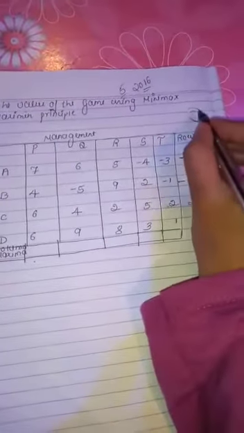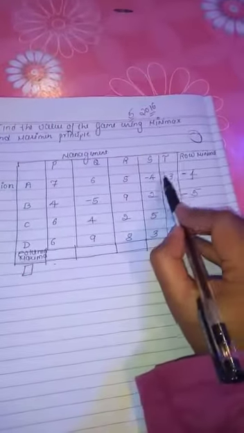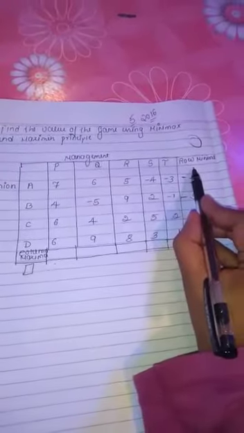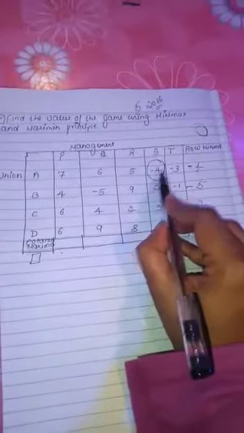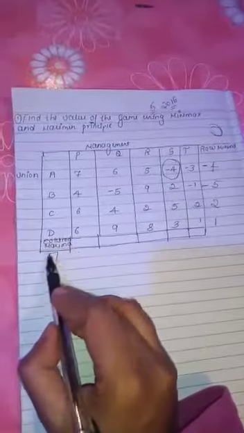Row minima is identified by a circle, and column maxima is identified by a square. So you have to put a circle around the number that is the minimum value of each row. In the first row the minimum value is -4, so we put a circle around -4.